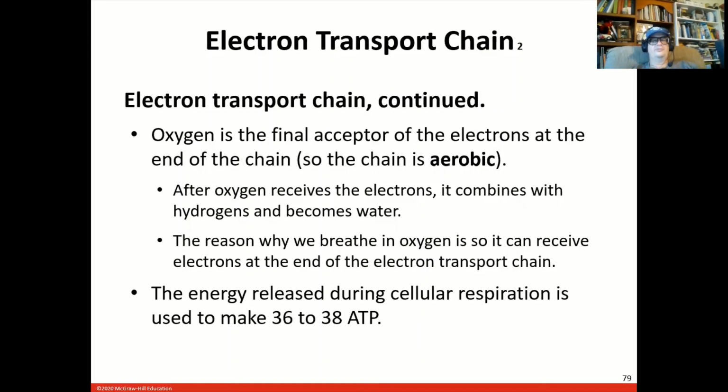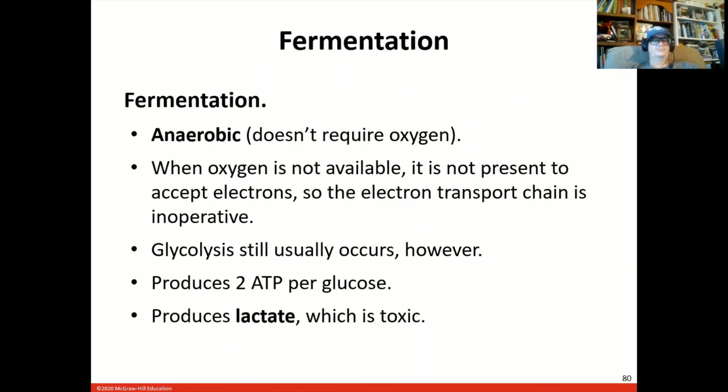the electron transport chain releases a lot of ATP, the majority of ATP. So we could get 36 to 38 ATP if we do the whole cycle start to finish. If we don't have oxygen, we can't do Krebs. We can't do electron transport chain. We can't even turn the pyruvate into the acetyl or the acetyl-CoA. So we're still going to do glucose.